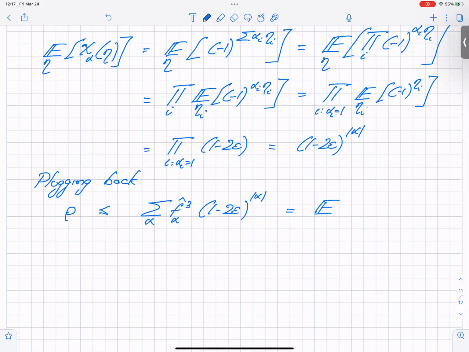The f hat alpha squared is a probability distribution because the summation of f hat alpha squared is 1. F is a Boolean function, therefore it satisfies Parseval's identity. So I can write this as f hat alpha squared times f hat alpha times (1 minus 2 epsilon) to the alpha. Therefore, this is the expectation over alpha picked according to f hat alpha squared of f hat alpha times (1 minus 2 epsilon) to the alpha.